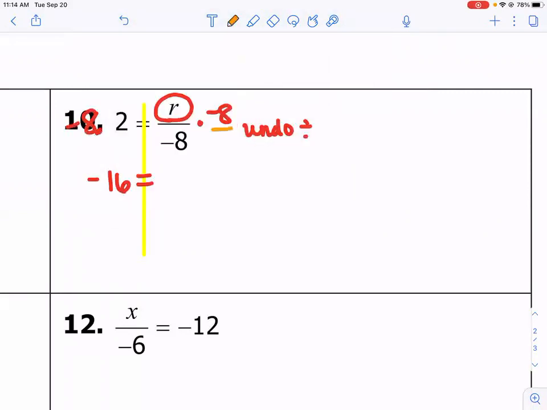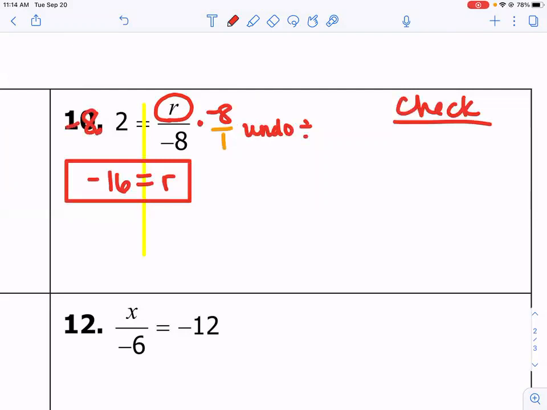Remember, this is like multiplying by -8 over 1. So those 8s are going to cancel, and we're just going to be left with r. -16 equals r. Okay, let's check. Is 2 equal to negative 16 divided by negative 8? Yes, it is.